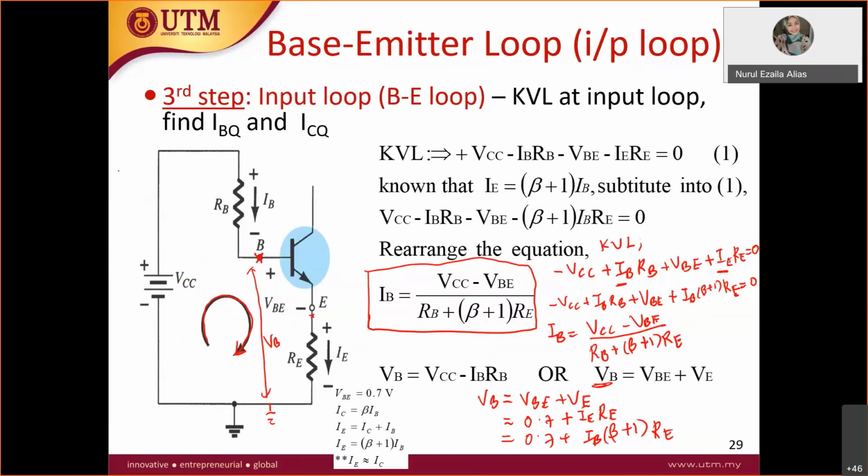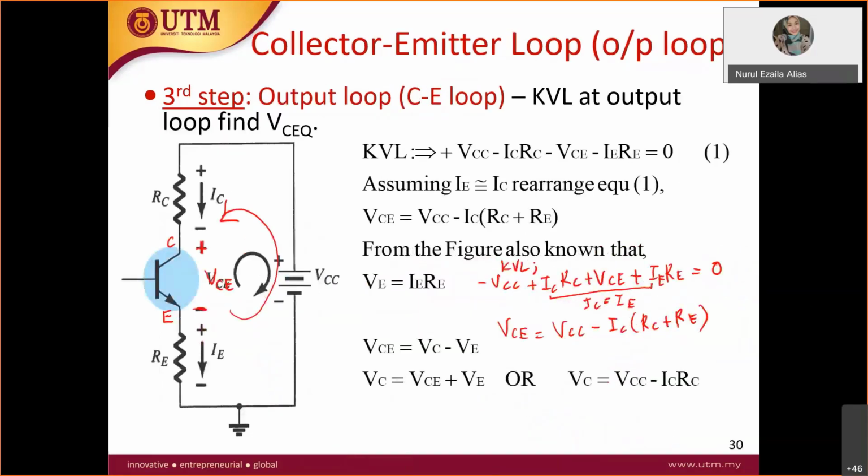Can I calculate IC equal to beta IB, and then IE equal to IB times beta plus 1? Also can, doesn't matter. You will get almost similar answer. That's why they've gotten this equation, the same one I derived here.